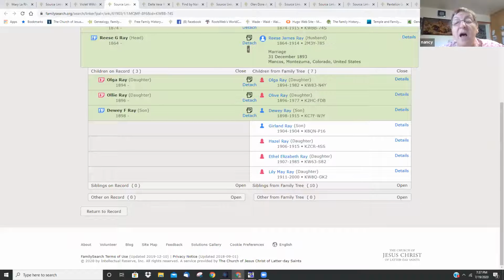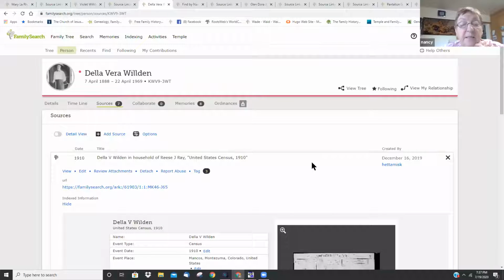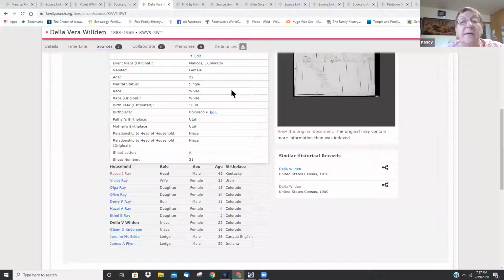Now, we already saw that there were some extra people in that record that weren't attached. So if I go back to Della's and look at her copy of the 1910 census, I can see that she's listed as a niece. Okay, yes, but now I know who she's a niece of.